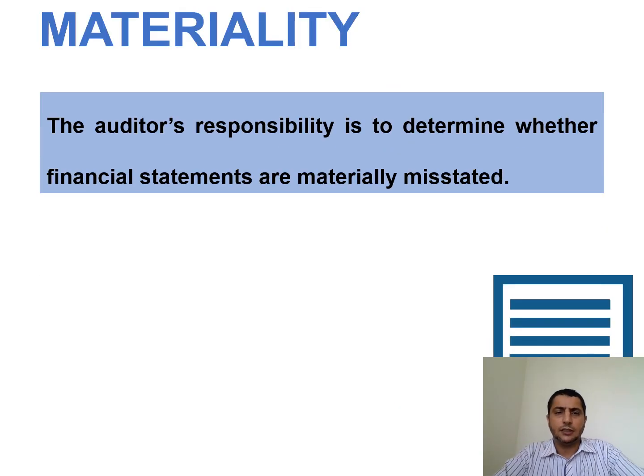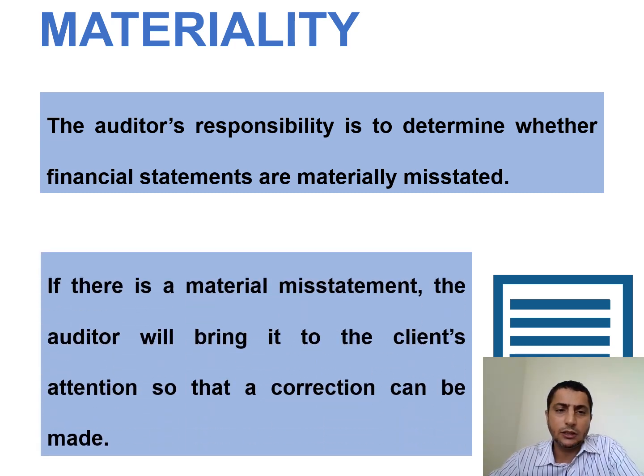After we discuss the materiality definition, let's say what is the responsibility of the auditor toward the materiality level. The auditor's responsibility is to determine whether the financial statements are materially misstated or not.